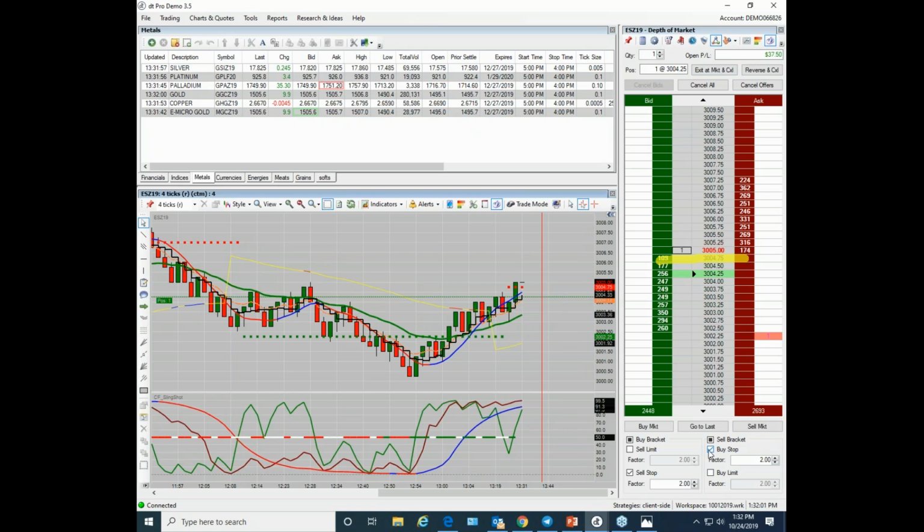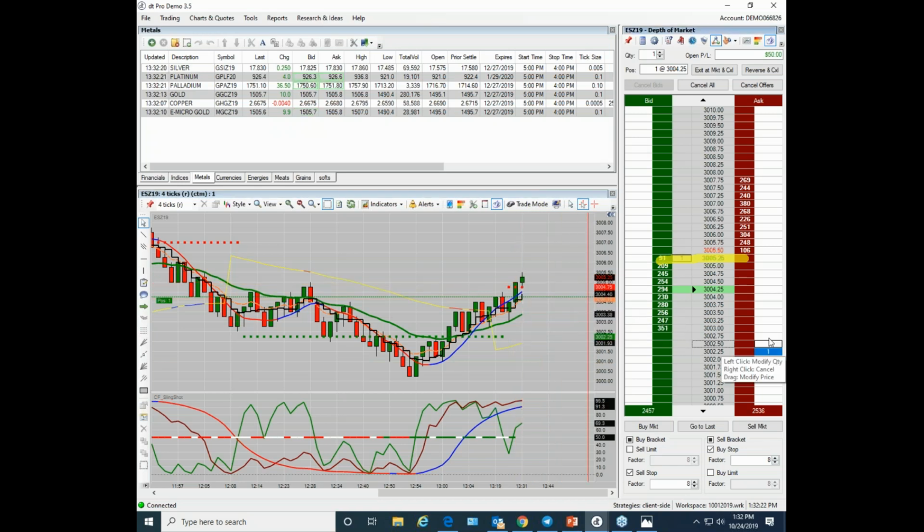Okay? And if you check off buy stop and sell stop like I've done here, and you right click and go factor in ticks, it'll automatically put your stop 8 ticks away, if the factor is set at 8. Now the market is moving in our direction, right?